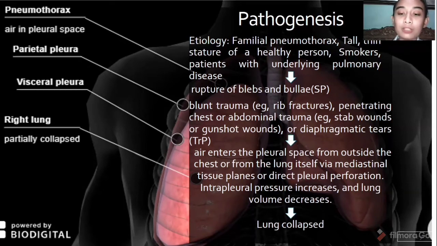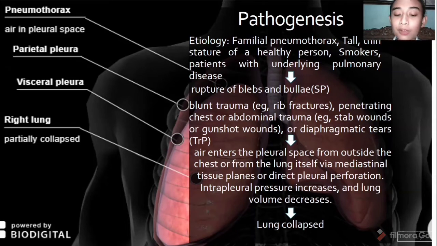Blunt trauma, for example a rib fracture, penetrating chest or abdominal trauma, for example stab wounds or gunshot wounds, or diaphragmatic tears, this is under the traumatic pneumothorax. It happens when air enters the pleural space from outside the chest or from the lung itself via mediastinal tissue planes or direct pleural perforation.